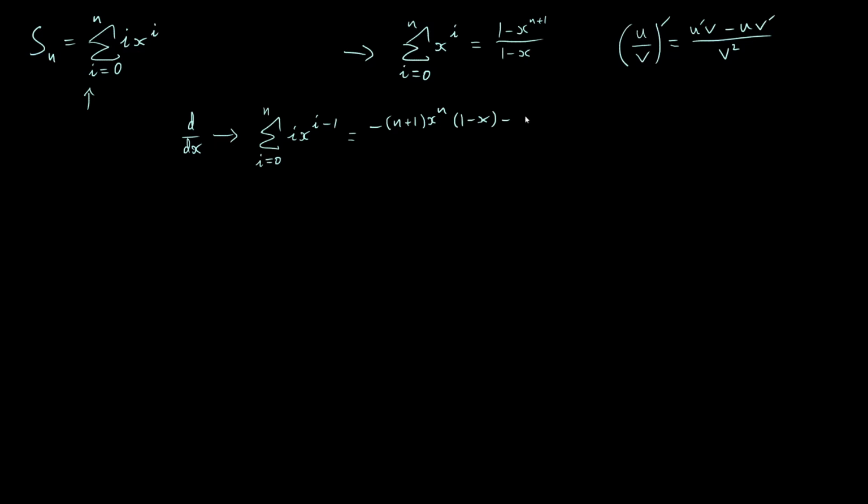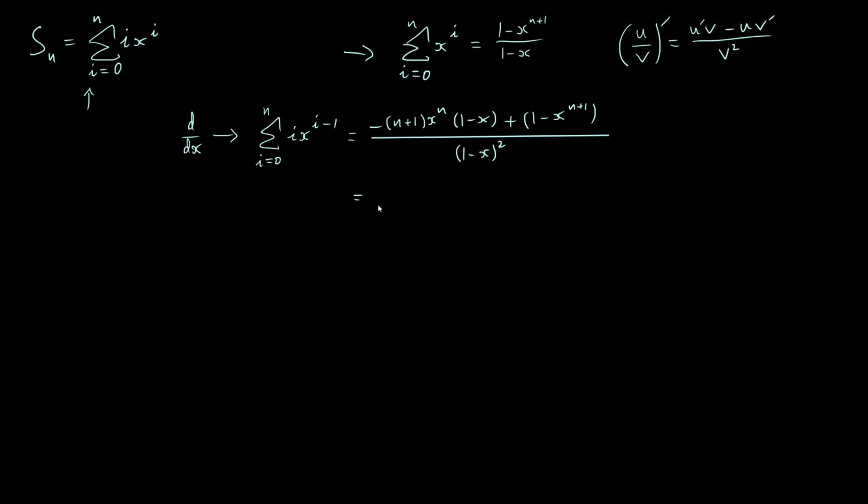Okay, and well, u is just 1 minus x to the n plus 1. v prime is the derivative of 1 minus x, which is just minus 1. And so what we can do is just, instead of saying times by minus 1, we can just change this subtraction in the middle into a plus, right? So we just have to divide that whole thing by v squared, which is (1 minus x) all squared.